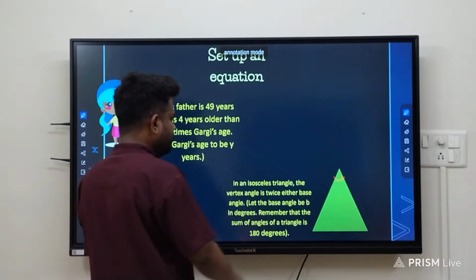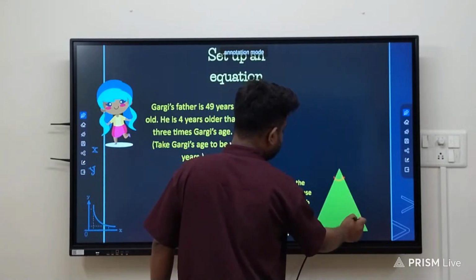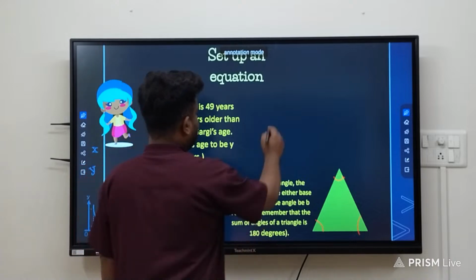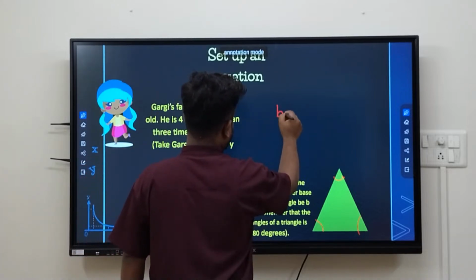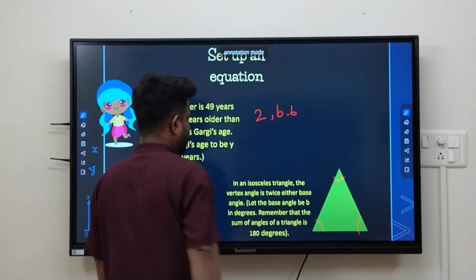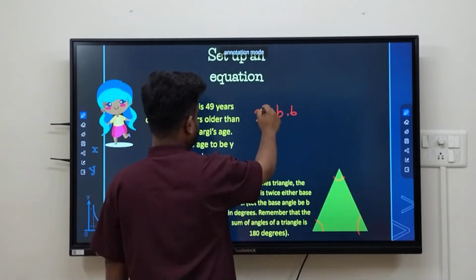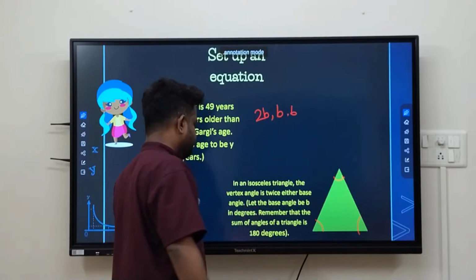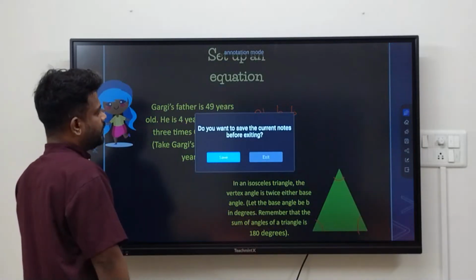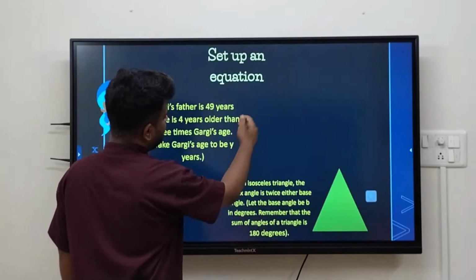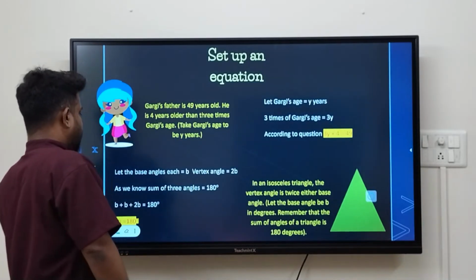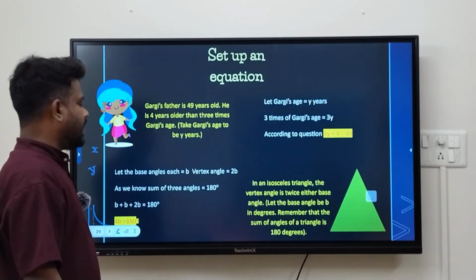So these two base angles, let the base angle be b in degrees. It will be like this, and you can frame the equation from it and solve this one. Yes, they have done it like this.